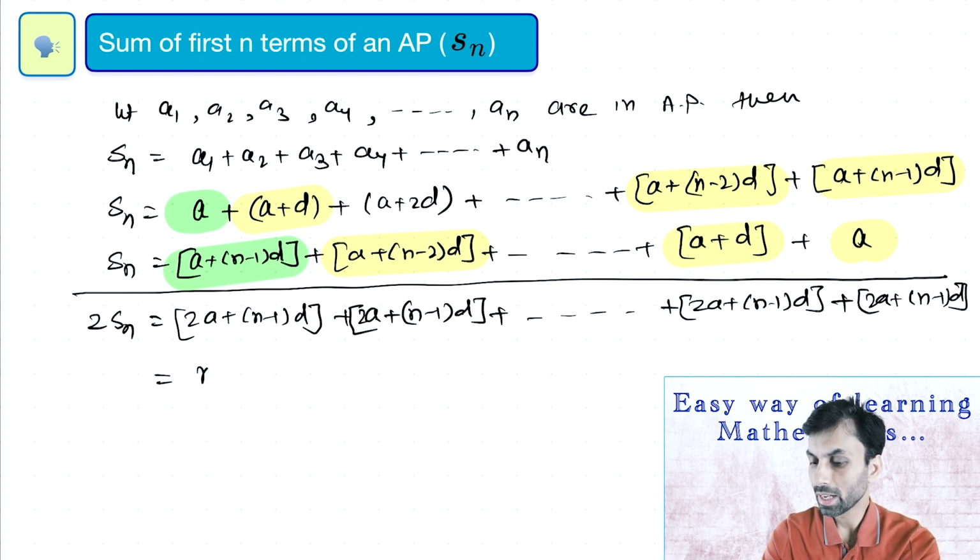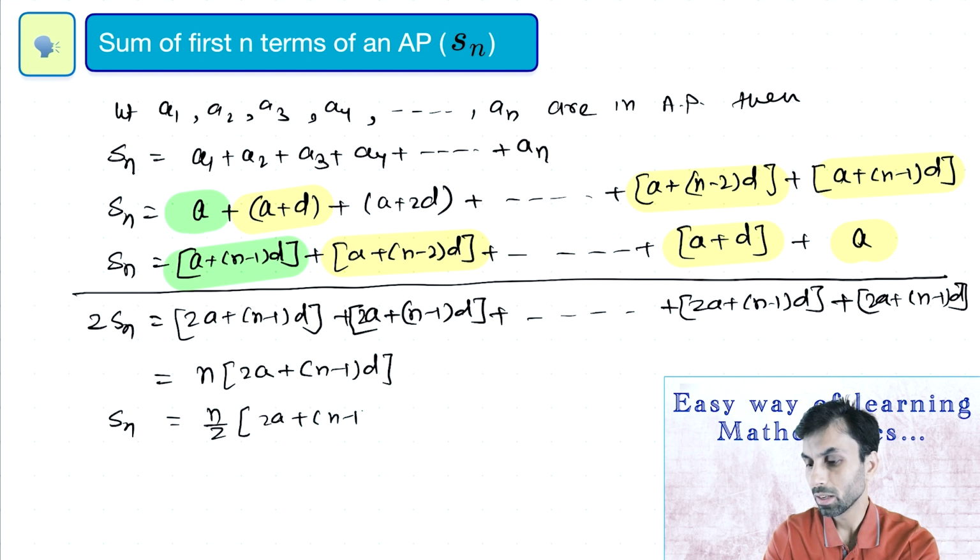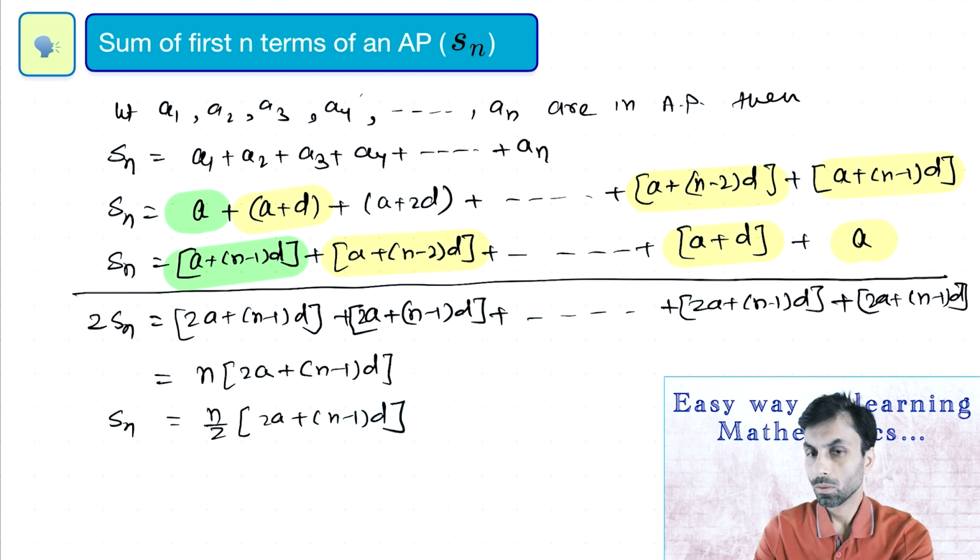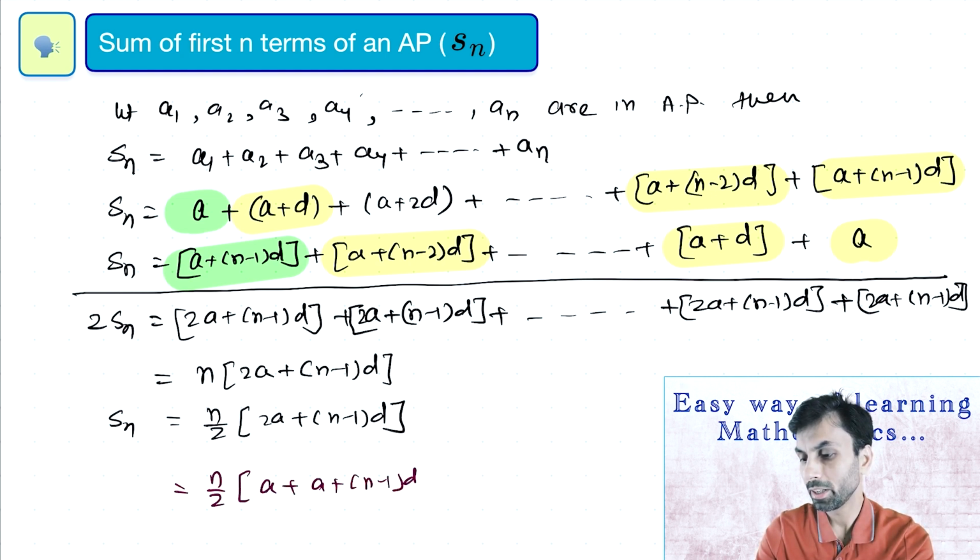That means we can write it as n into 2a plus n minus 1 into d, which can be written as Sn equals n by 2 into 2a plus n minus 1 into d.